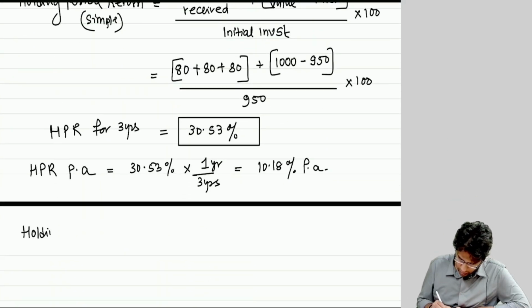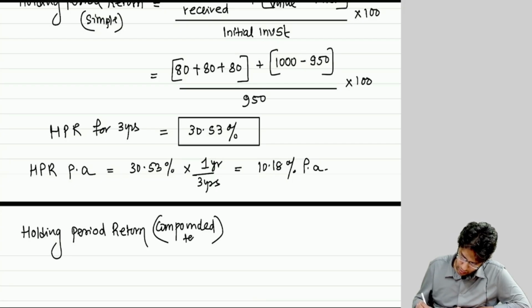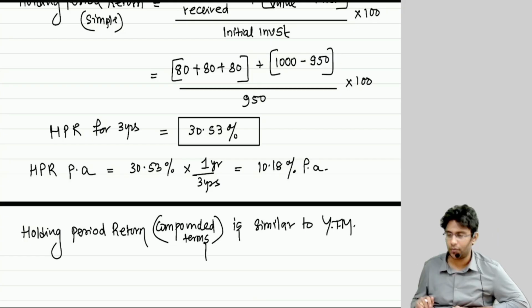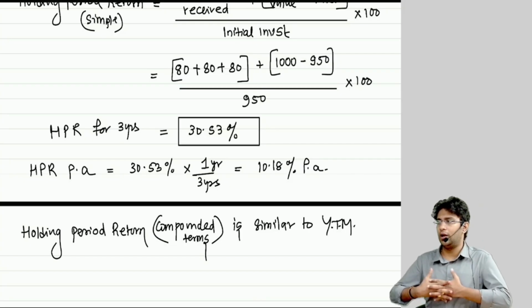Now, holding period return compounded is similar to YTM. So similar to YTM means how will we know now?